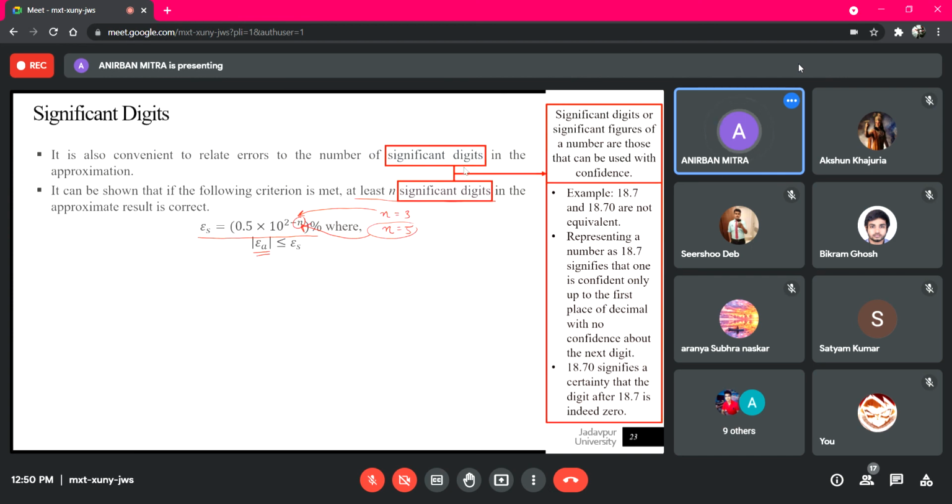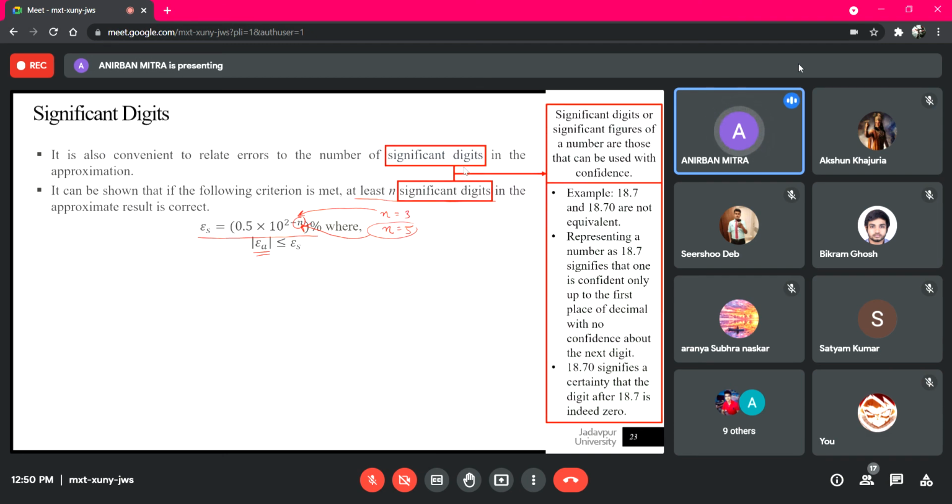Okay, the answer is written directly below it. So if you read that, you will probably come to know that 18.7 signifies that we are only confident about the first decimal place. That is the first place after the decimal point. That much we are confident about. We do not know anything about the numbers that would come after that. So that is why it is written as 18.7.